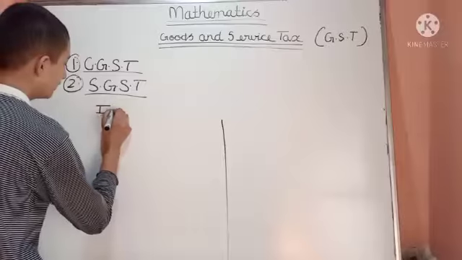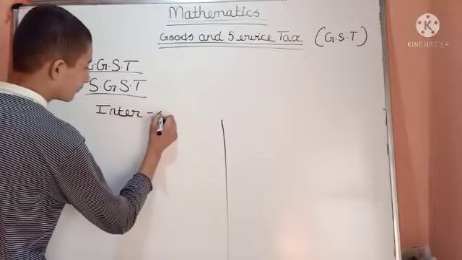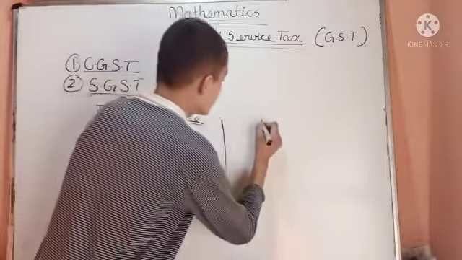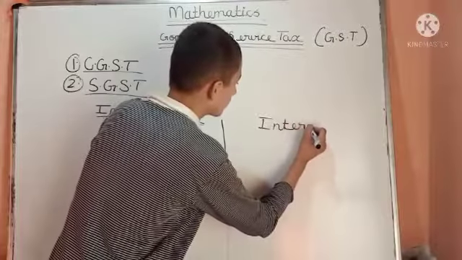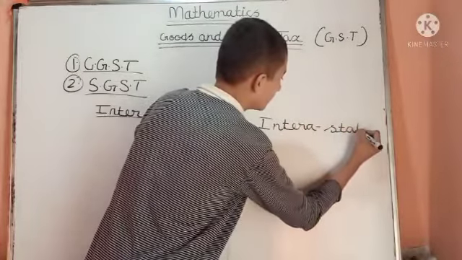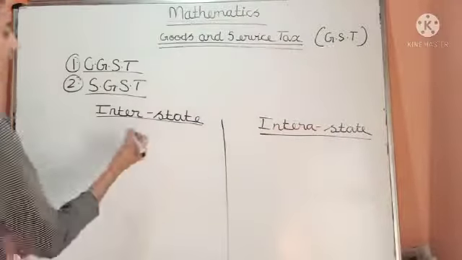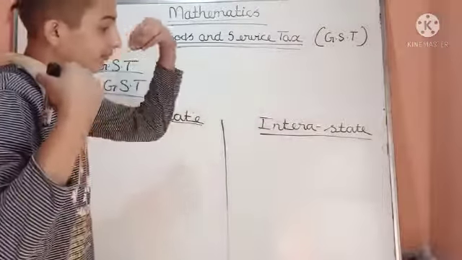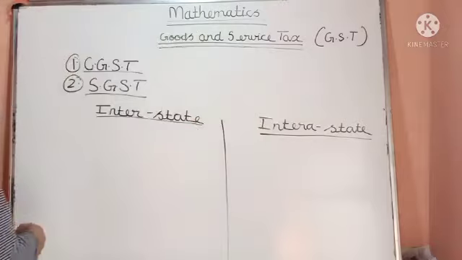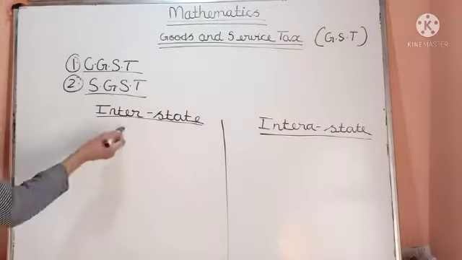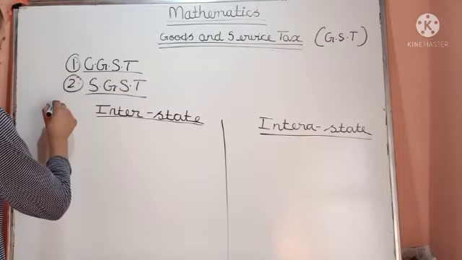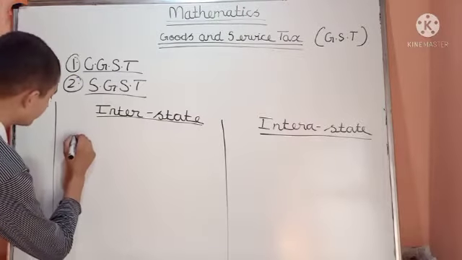First we know that there are only two types of sales. First is interstate sale, another is intrastate sale. Interstate is between two or three different states, and intrastate is between dealers in the same state. In the case of interstate, which tax do we pay?